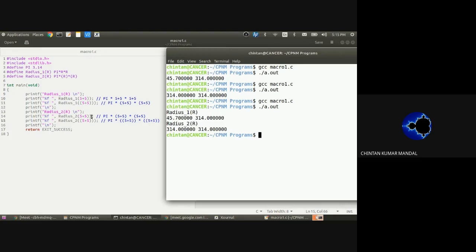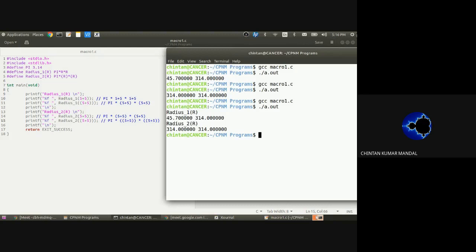Okay. Any questions here about macros? I wanted to show you this example to tell you where the problem is with working with macros.